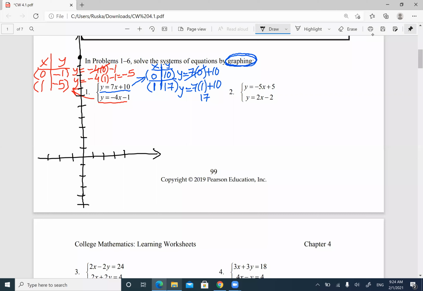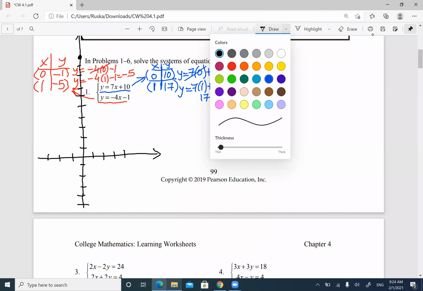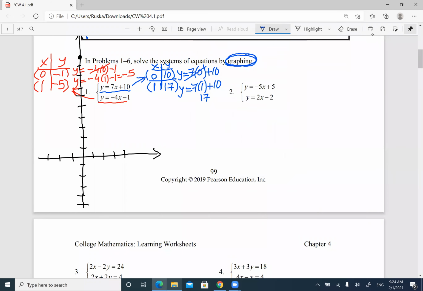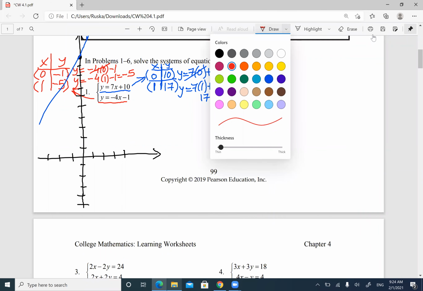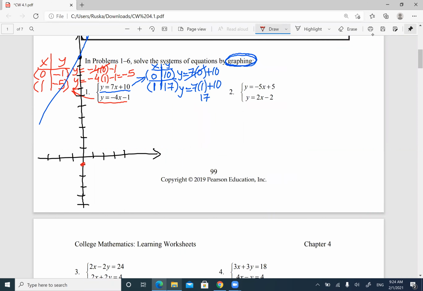Okay, 17 is going to be a little higher up. So I have (0, 10) and (1, 17). This is how the graph is going to look, something like that. And then the other graph, the red one, is going to go through (0, -1) and (1, -5).